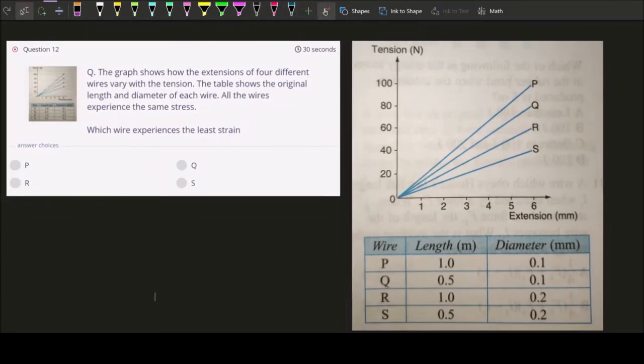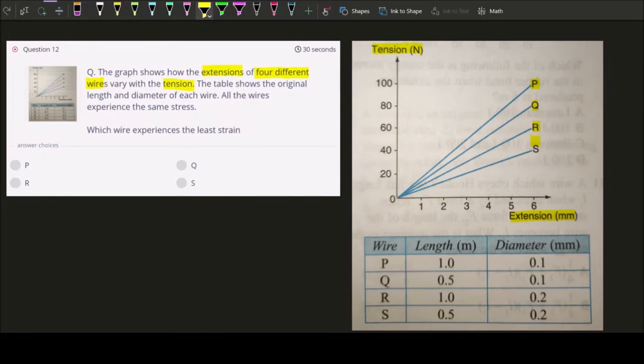Question 12 says that the graph shows how the extensions of 4 different wires, and they mention clearly the wires are different, vary with tension. So you have 4 different wires, and under different tension they will experience different amounts of extension.